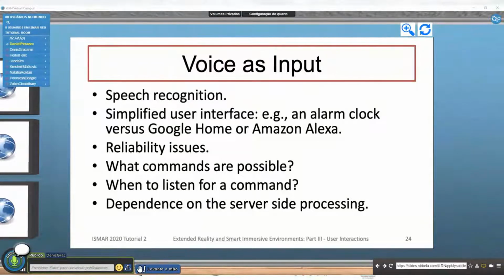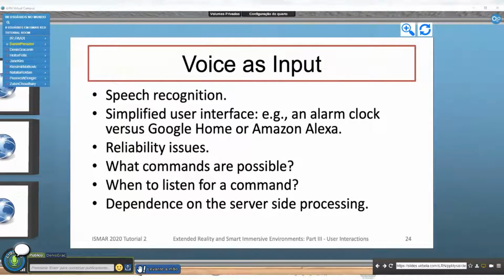On the other hand, using voice as an input leads to speech recognition, and we already have that in devices such as Google Home or Amazon Alexa. The problems are, of course, readability issues, the ability to recognize a certain accent, and also the ability for that to work in a noisy environment. So there are questions of what commands are possible and when to listen for a command, and often there is a dependence on server-side processing.